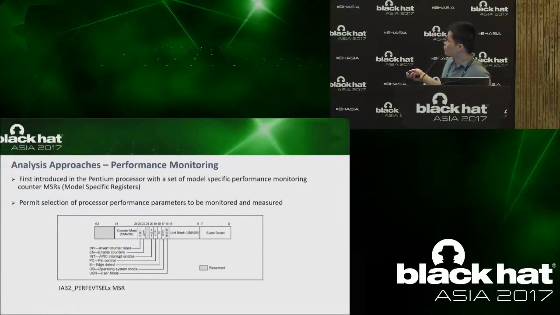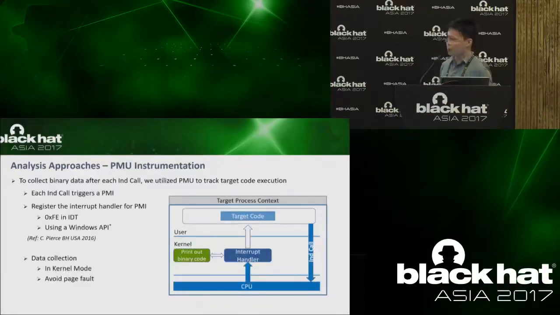This is the layout. The event number and the UMask value define which processor performance parameter is to be monitored and measured. We developed this framework to collect useful information that can help us look for those memory-based indirect calls with writable function pointers.